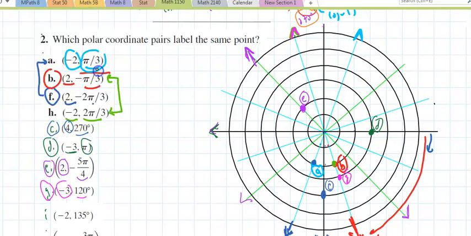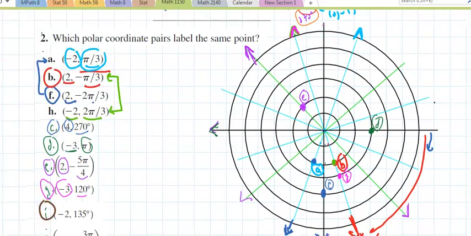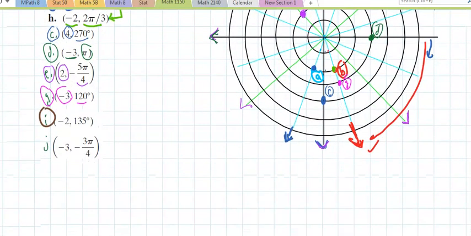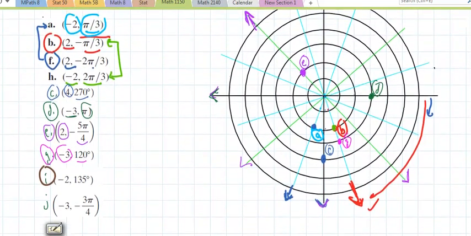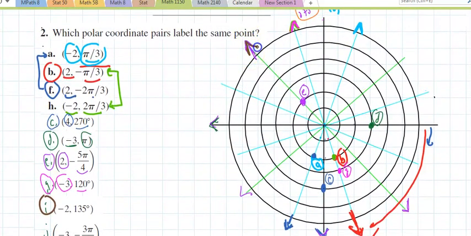When I look at I, I'm going to rotate 135 degrees. 135 degrees, I'm right there. Since r is negative, I'm going to point in the opposite direction, 1, 2 units, and here I am.